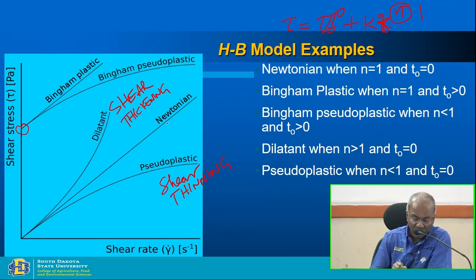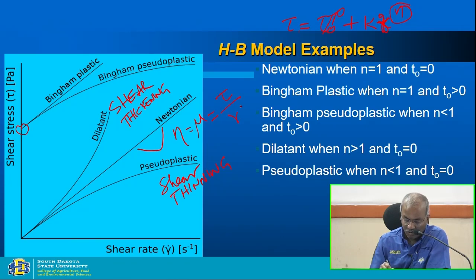If you take the slope of this line, that is eta or mu, viscosity, which is tau over shear rate.